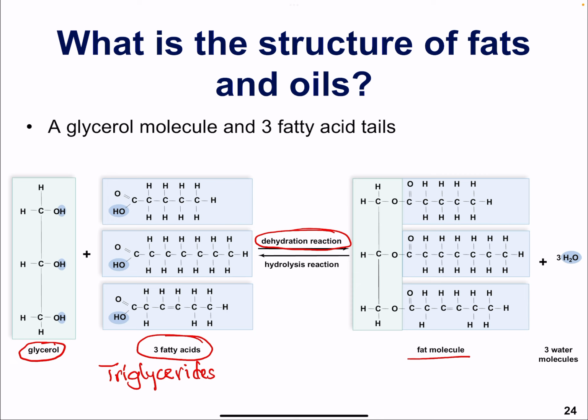Now, some fats are going to be saturated, other fats are going to be unsaturated. Fats that are saturated will likely be solid at room temperature, while fats that are unsaturated are likely fluid at room temperature. And by the way, that is the reason why oils are fluid at room temperature.